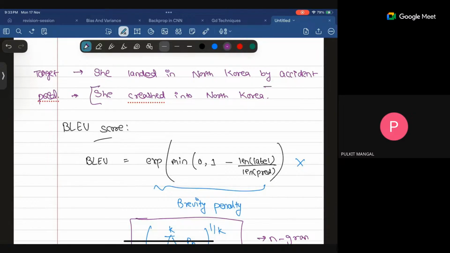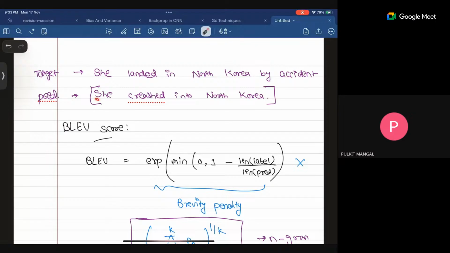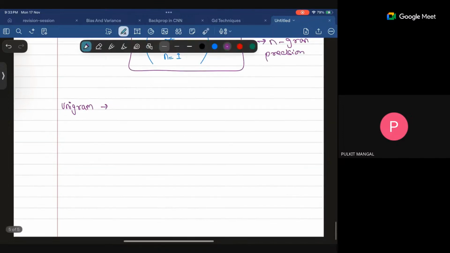You will be taking each of these words individually, because it is unigram. So you have 1, 2, 3, 4, 5, each of these 5 words: she, crashed, into, North Korea. So total length is 5.